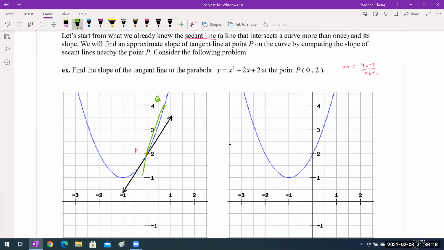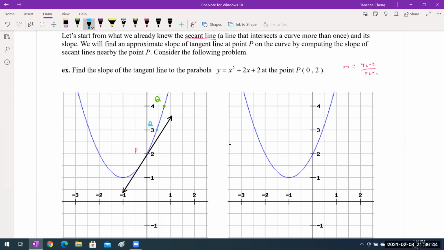However, if I move this point Q closer and closer to P, the slope of the secant line PQ is a little bit closer to the slope of the tangent line.